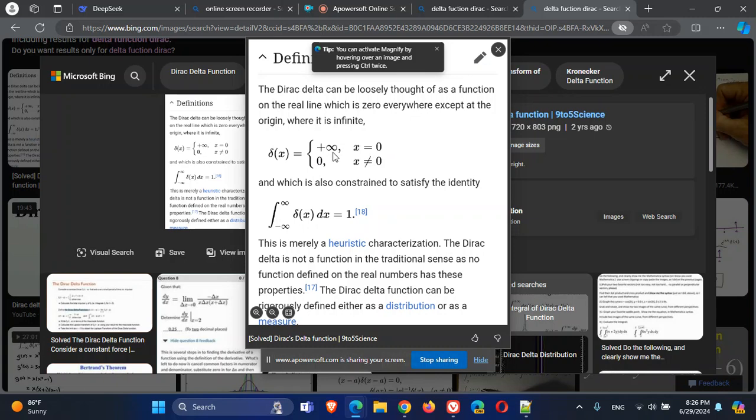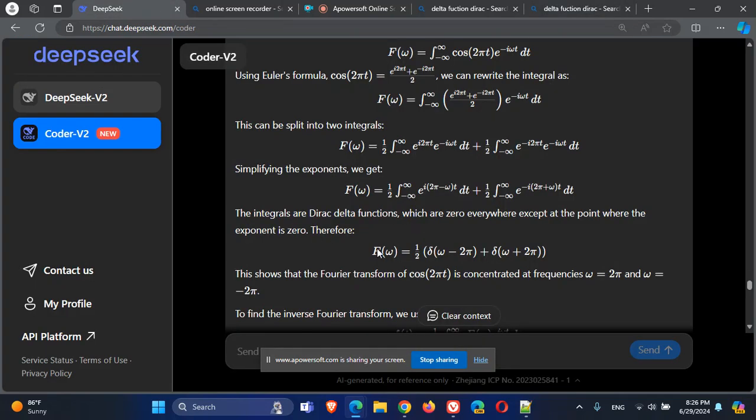If it's zero, the value is infinity. But for every other value inside the Dirac delta function, the function is zero. So we use this property. The Fourier transform will be non-zero in two places: one when this one is zero, and one when the other one is zero. Anywhere else, plug in any other value, and when this one and this one are not zero, you get nothing.